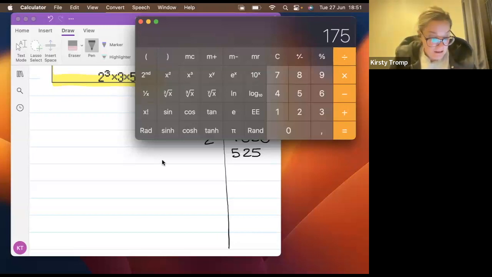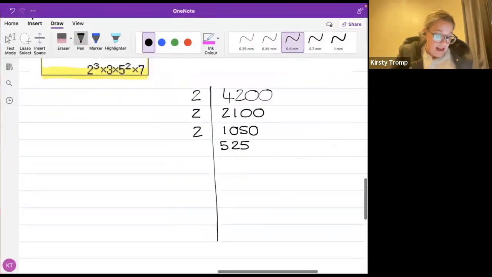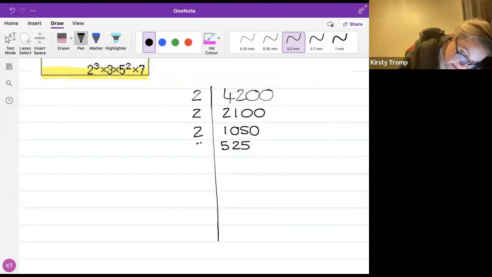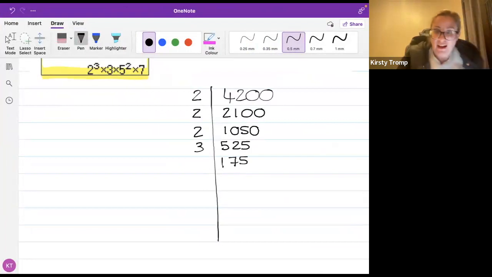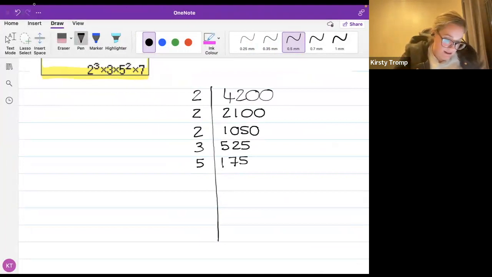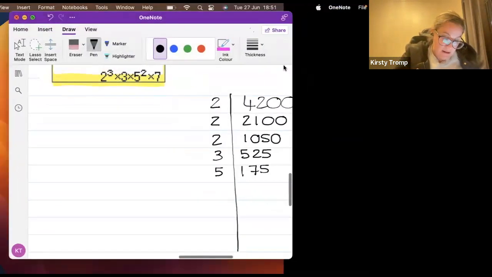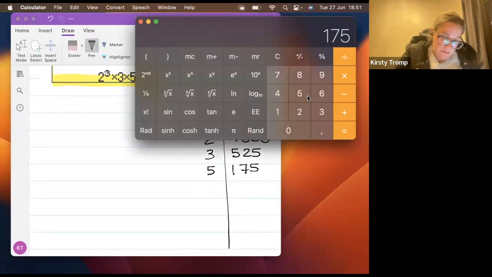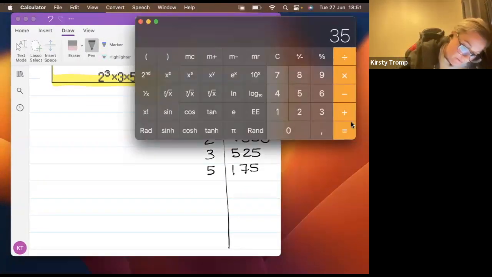Actually, yeah, it can. So 525 divided by 3 gives me 175. Then I would see, does 3 go into 175? Nope. So it would be 5 next. 175 divided by 5, let's do that one on our calculator, just to make sure we get the right answer. 175 divided by 5 gives me 35.